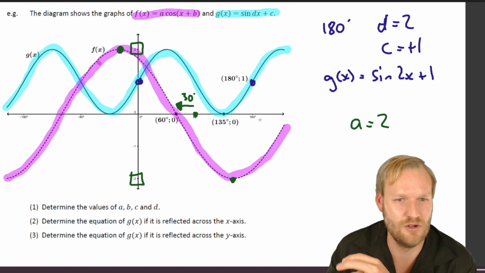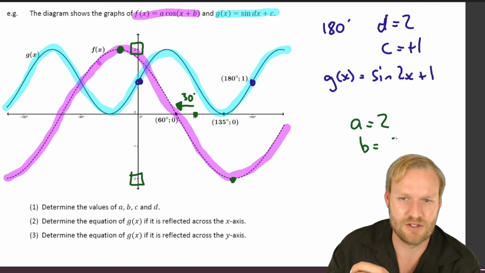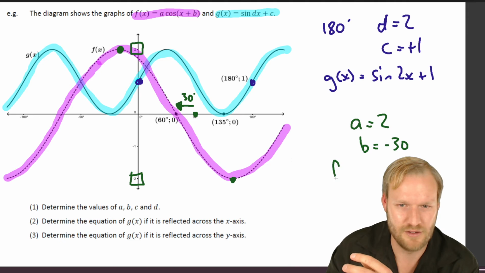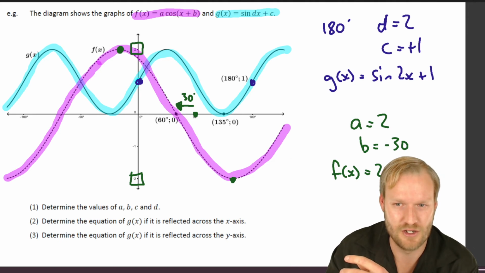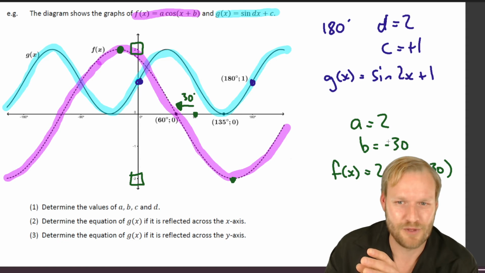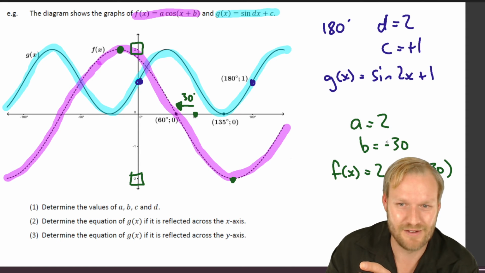So therefore, we can say that our value of b is 30, except it's -30 because it's moved left. So more importantly, forget the positive or negative. Can you write it in this form, which is cos x minus 30? And I'm actually lying to you, because it should be plus 30.